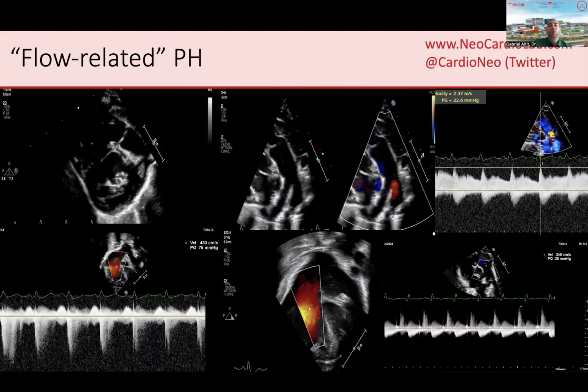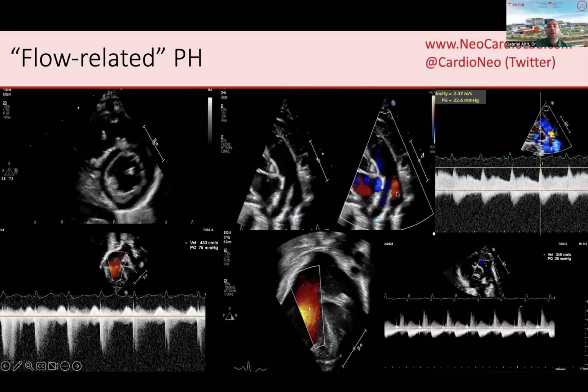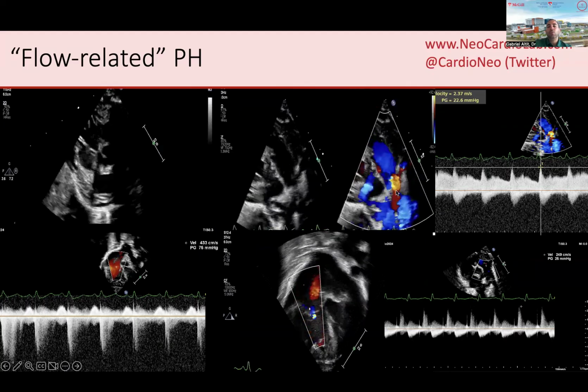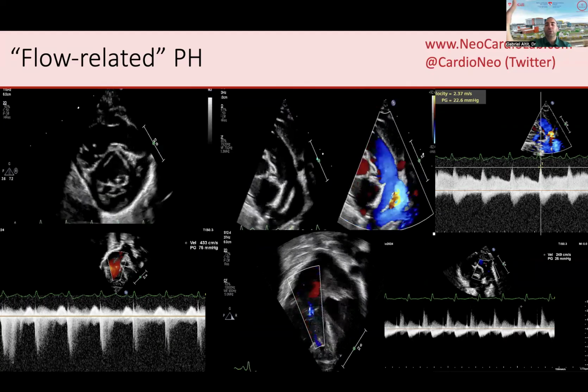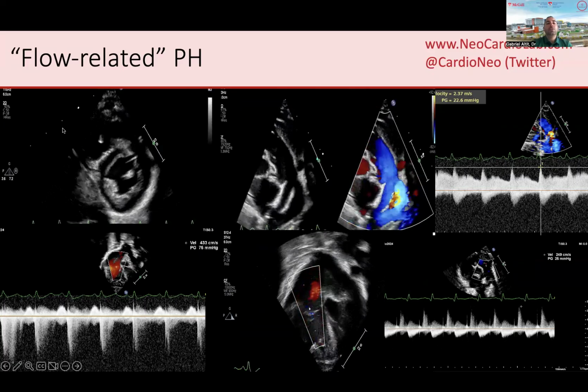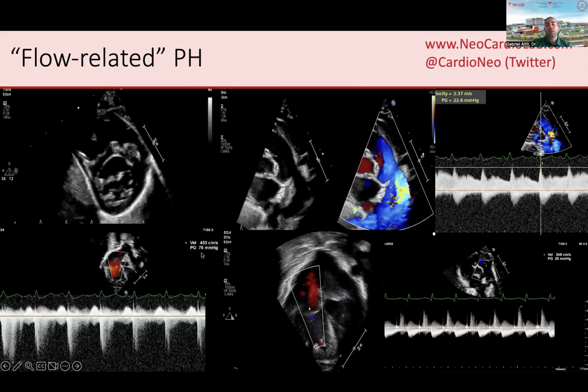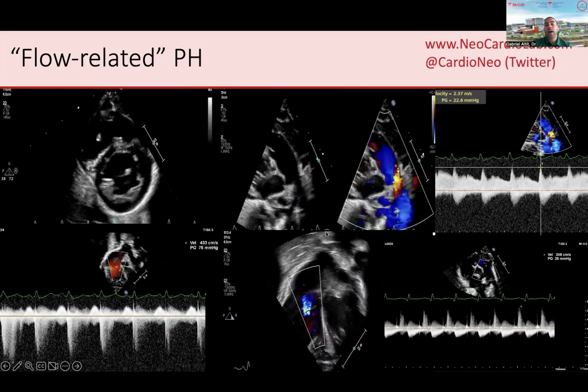Flow related: this is a patient at 36 weeks who still had a generous PDA that was left to right, which obviously will transmit pressure and flow to the pulmonary artery because it connects the PA to the aorta. And so we can see that there's a bit of flattening of the septum. We see that the RV systolic pressure by TR jet is quite high.